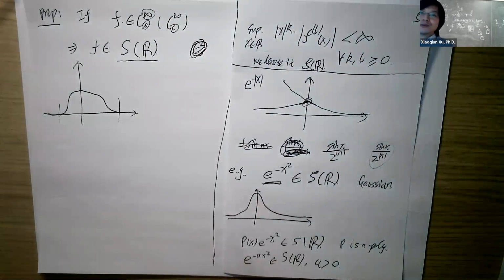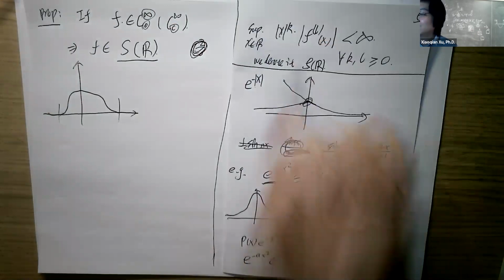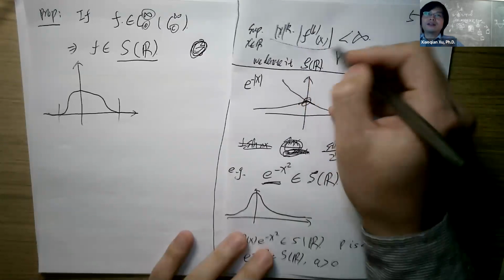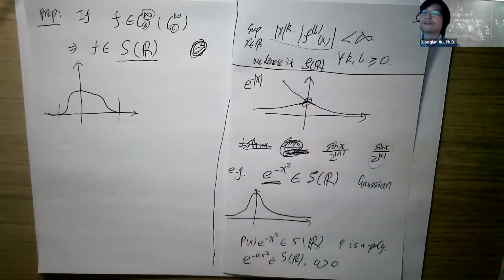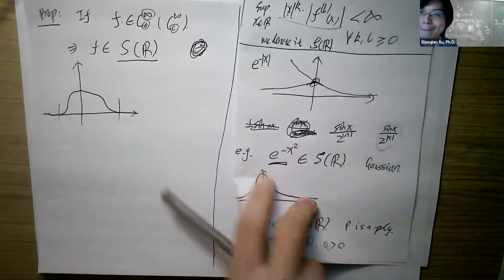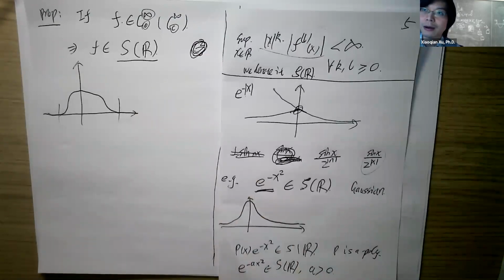If your function is smooth and compactly supported, that means it's continuous and compactly supported, then of course if you multiply by x to some power, it's still continuous, right? This function is continuous and defined only on a finite interval, so by Fermat's theorem it is bounded, right? So this condition will automatically be satisfied if your function is compactly supported. Is that clear?